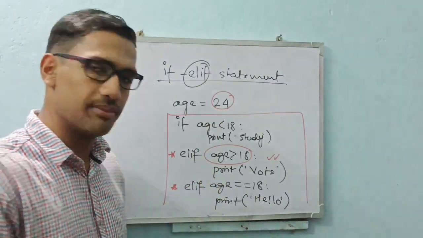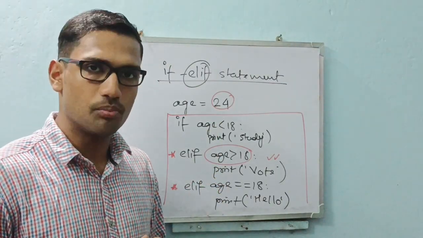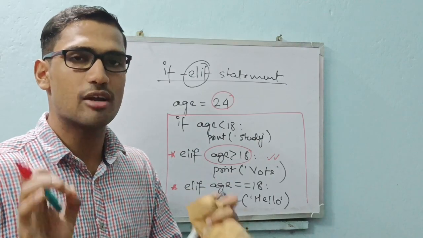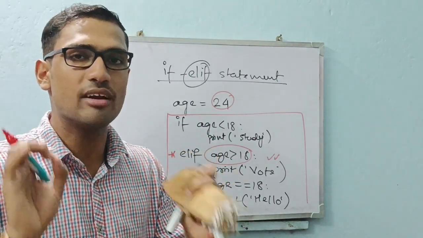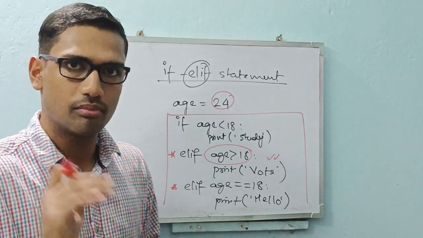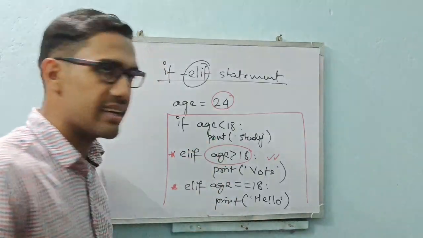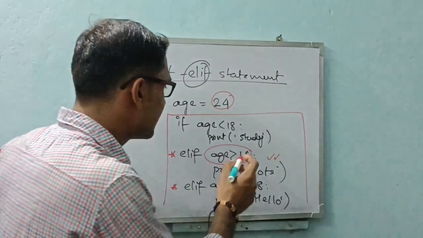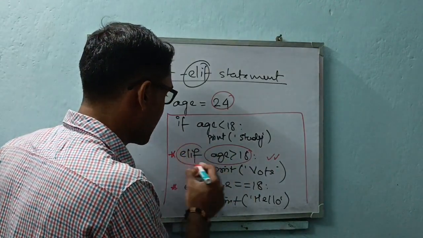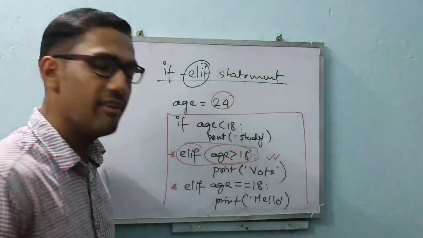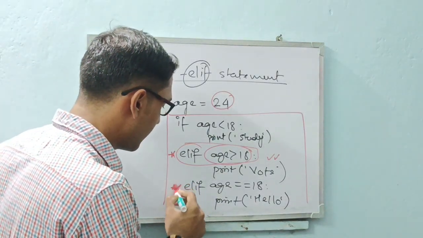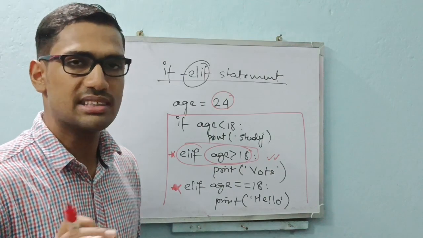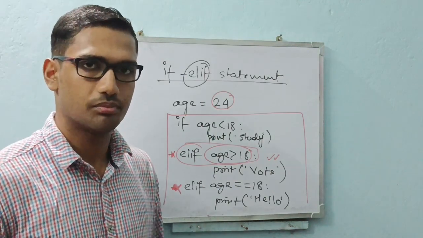If any one of the conditions evaluates to true, the rest of the conditions are not checked. They are being ignored. Clear? So in this case, since this condition evaluates to true, this other condition will not be checked. It will simply get ignored.